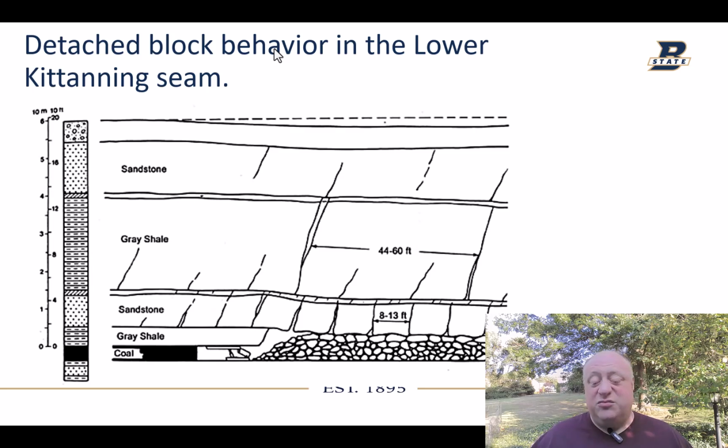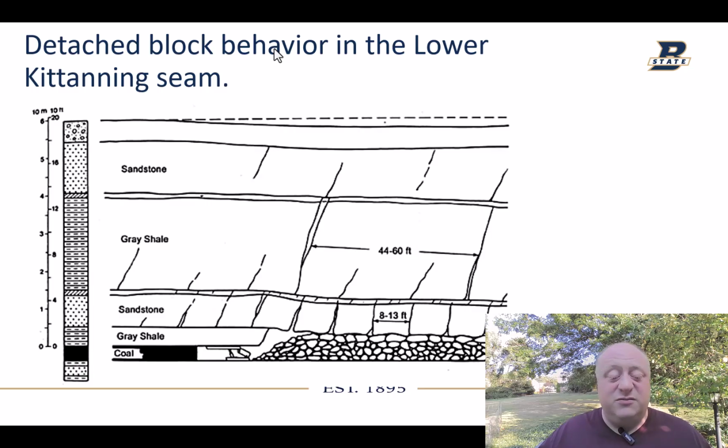Okay, and that sandstone breaks, according to this drawing, every 8 to 13 feet, right? So every 8 to 13 feet, you'll repeat the cycle, and the loading will drop off, and it will begin to increase again. Although at the same time, you have a very thick gray shale above that also fractures. It's in the fracture zone, right? So you have a longer periodic weighting from it, and it's going to be even greater.